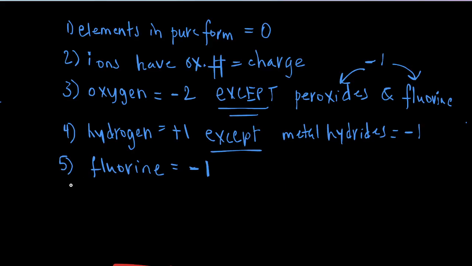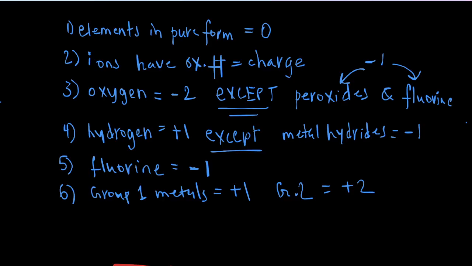The next thing to keep in mind is the fact that your group 1 metals have an oxidation number of +1 in your compounds. I'm just going to abbreviate this group 2. Your group 2 metals are going to have a +2 in compounds. Group 1 metals have a +1 and group 2 metals have a +2. So just remember those, again, when in compounds.